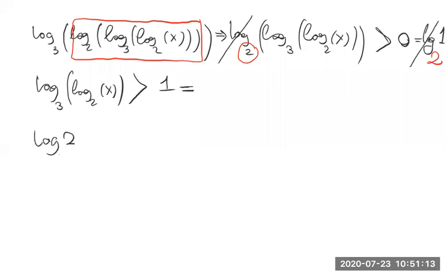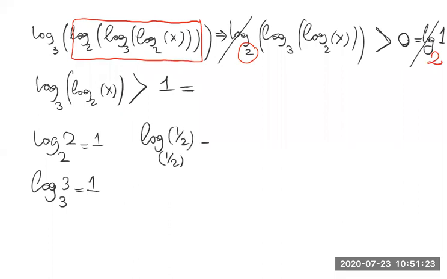So log of 2 in base 2 is 1. Log of 3 in base 3 is 1. Log of 1 over 2 in base 1 over 2 is 1. This is an important fact. So here I can write 1 as log of 3 in base 3, because log of anything in its own base is 1.